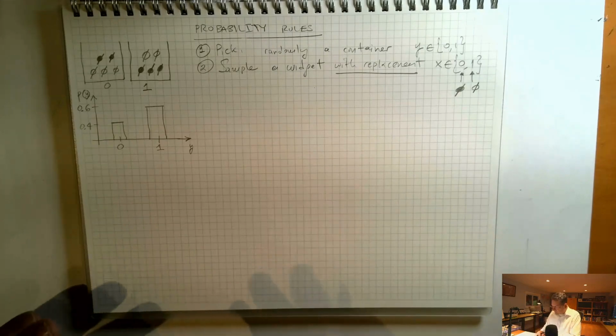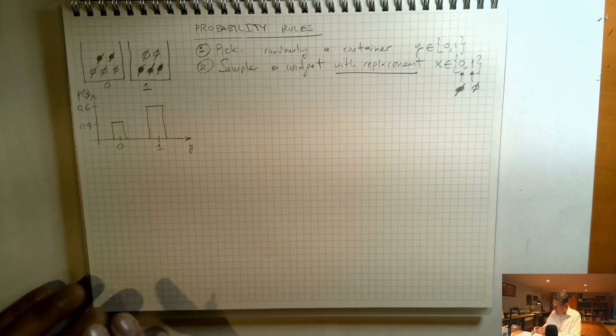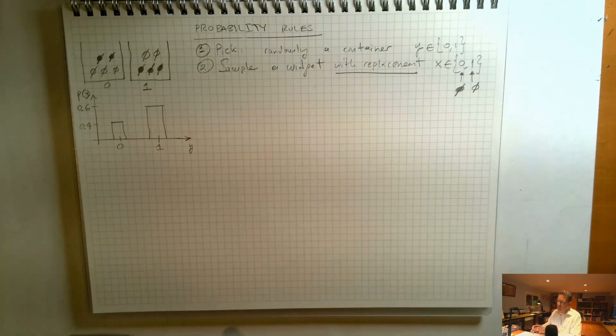In English, this graph says that I have some preference in selecting containers, and I'm not selecting containers with equal probability. I have a preferential bias towards container 1. Could be anything.